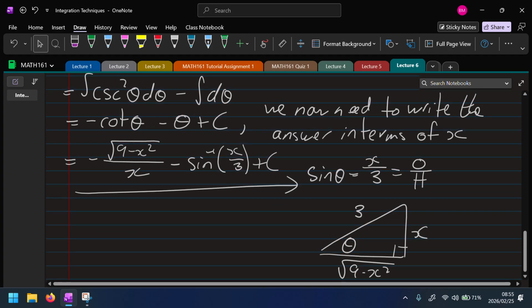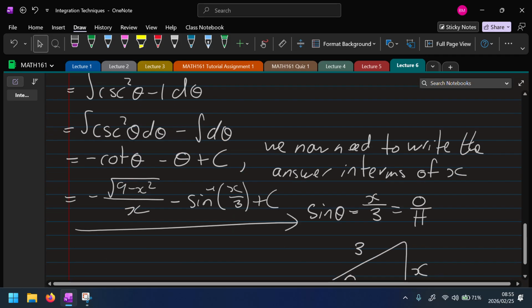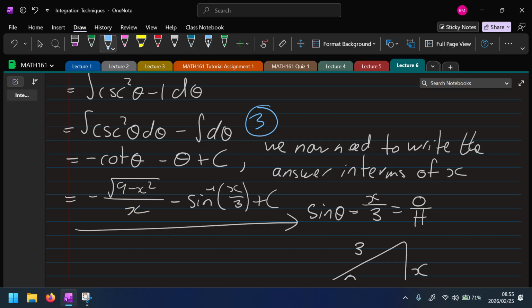Then you can use this triangle on the side there to write it in terms of x. So that will be your step 3. Okay, so 3 steps. Substitute, solve the trig integral, and then finally use the triangle to write it in terms of x. Any questions for this first one? Okay. Pretty simple.